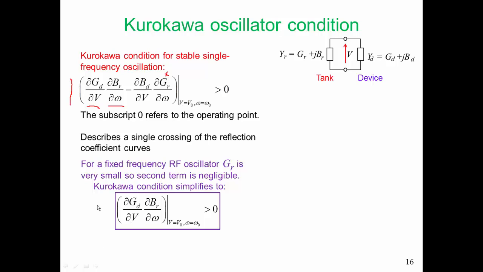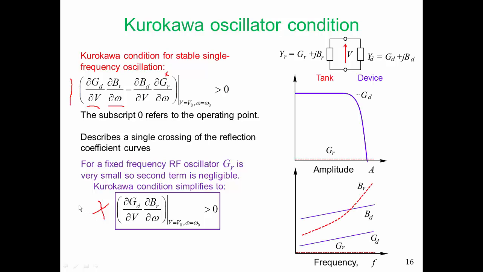So the Kurokawa oscillation condition simplifies tremendously. In our first oscillator case study, we were making use of that without explicitly saying that that is what we were doing. In graphical form, and for a fixed frequency RF oscillator, this is what the Kurokawa condition is simplified to.